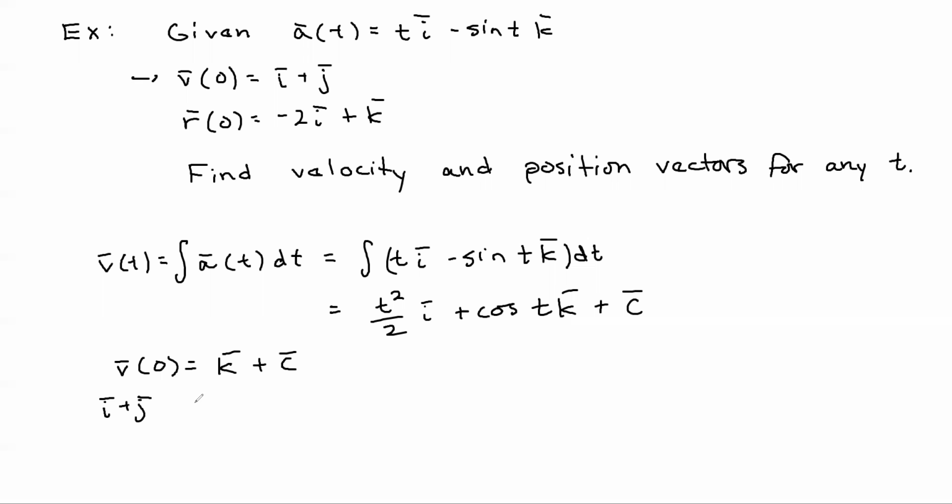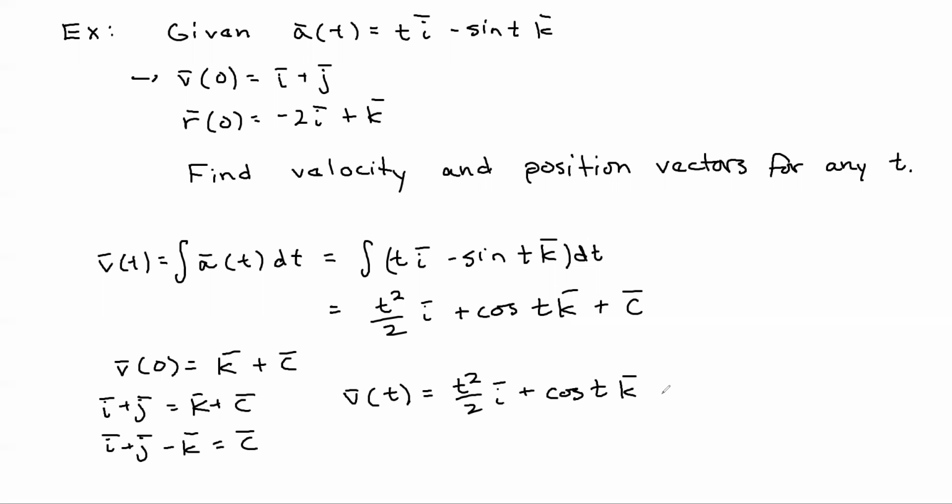So we have i plus j equals k plus c, and so i plus j minus k equals c. Then if you plug those in, we get v of t equals t squared over 2 i plus cosine t k plus i plus j minus k.